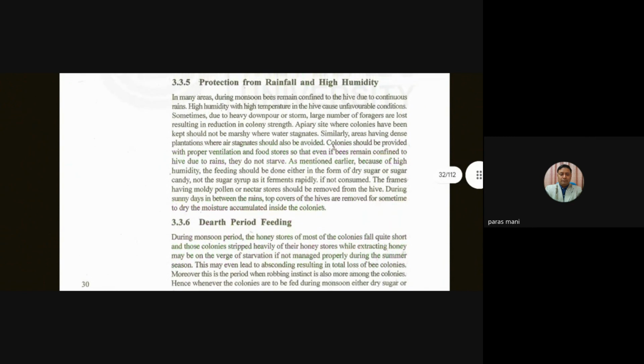We have already studied that absconding can be avoided by providing a proper food source, keeping the colony in a healthy area, and avoiding bee-poisoning chemicals in the vicinity during the flowering season. Proper management practices in general prevent absconding.